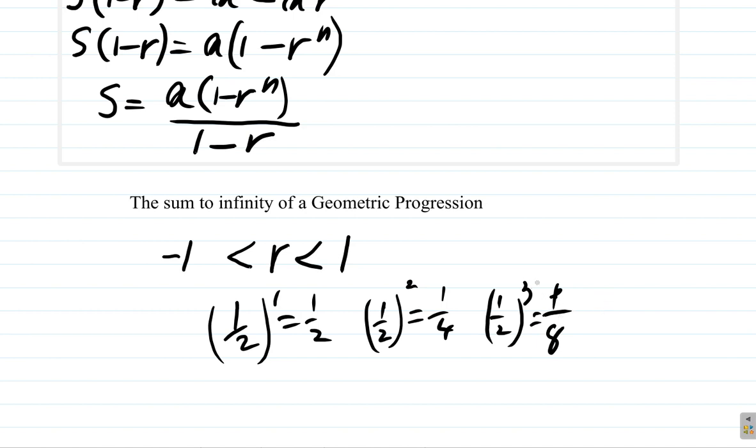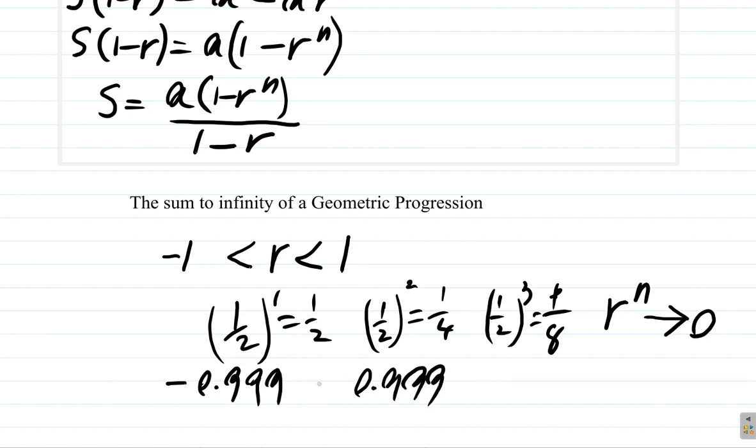As you go on and on, what you find is that the common ratio raised to the power of n will approach 0, as long as r is greater than -1 and less than 1. r could be, for example, 0.999, -0.999, or it could be positive 0.999, whatever it is.